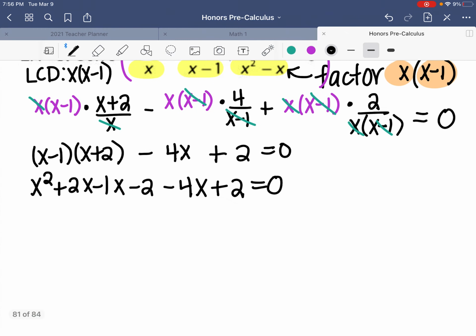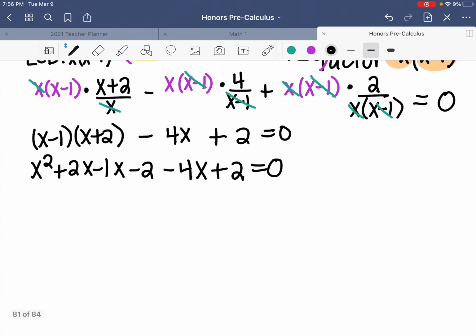So we're obviously going to have a quadratic here. So I have x squared, I have 2x minus 1x minus 4x. So that's going to give me negative 3x. And then I have 2 and negative 2, which is going to equal 0. So I have x squared minus 3x equals 0.